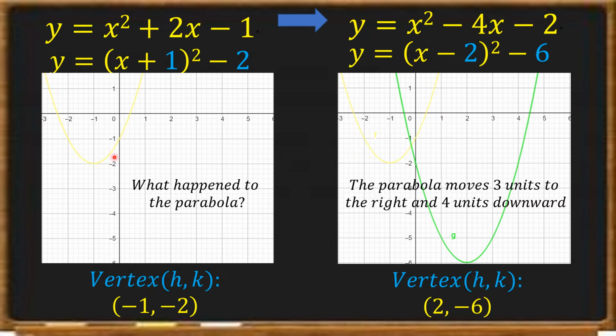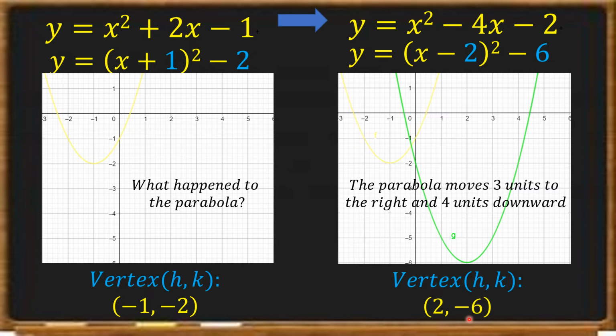So what if we don't have the graph again? Without this, you can use the value of your h, 2 minus negative 1. So it's 3. And then negative 6 minus negative 2. Okay, so it's negative 4.